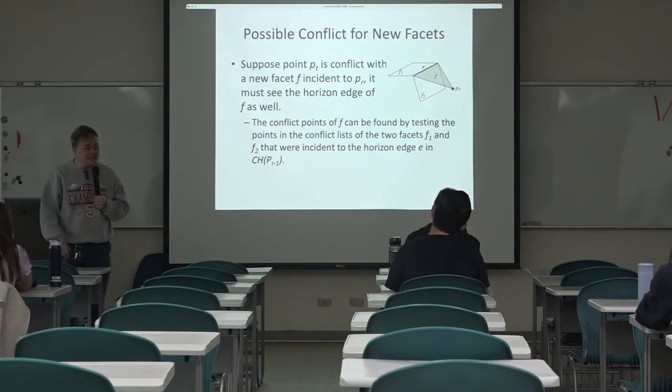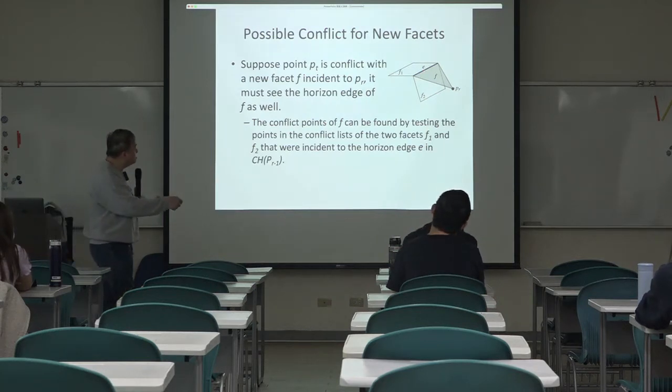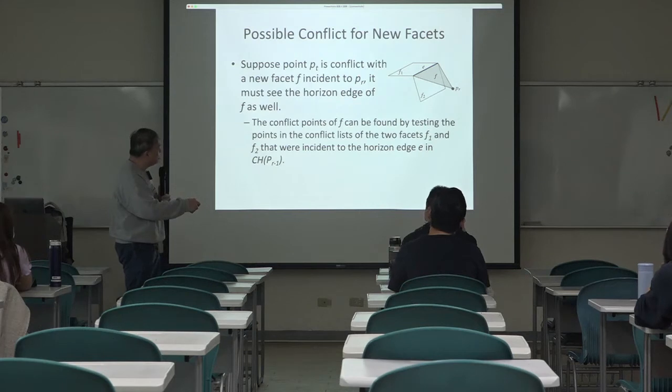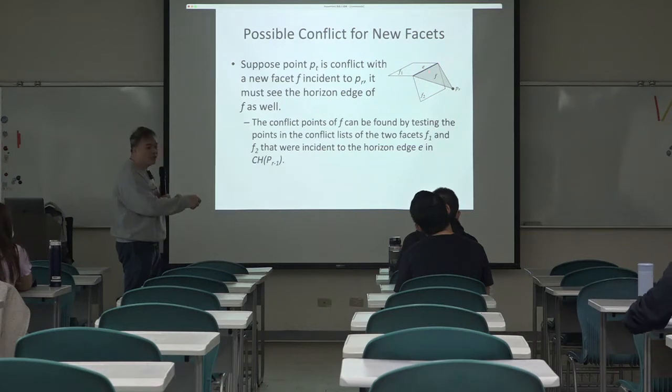If a point is able to see this edge E, either it's here or it's somewhere here. Otherwise, if you are inside here, you are not able to see this edge E anyway, right?